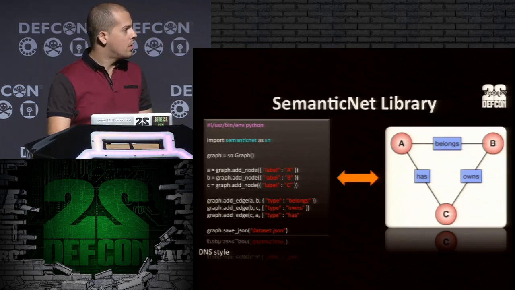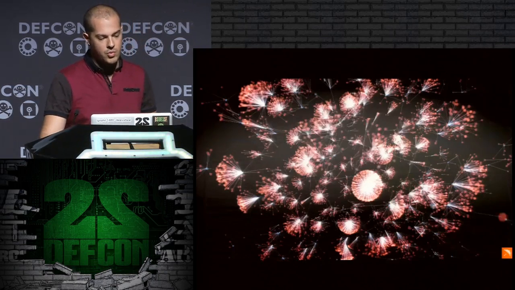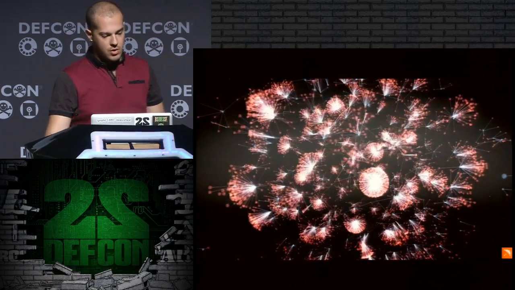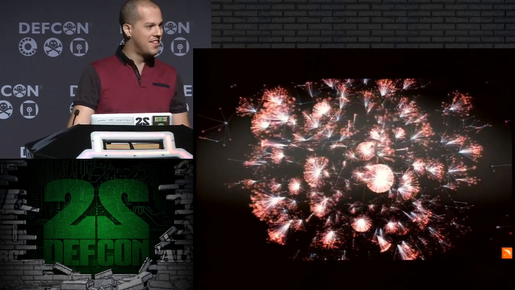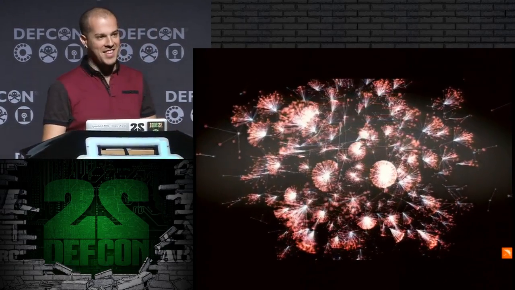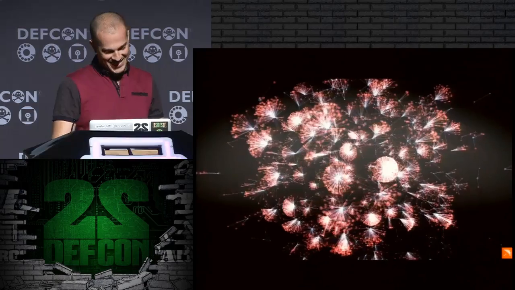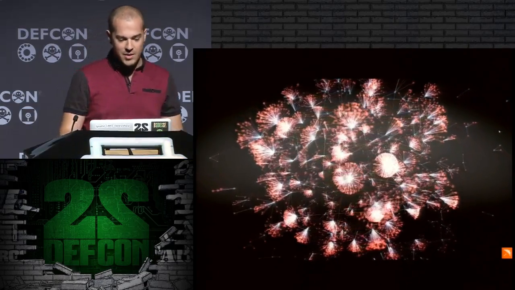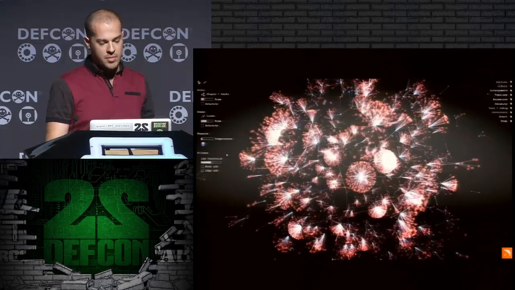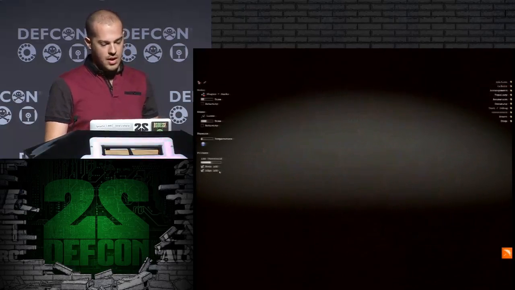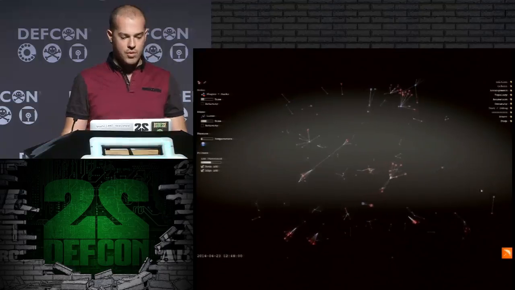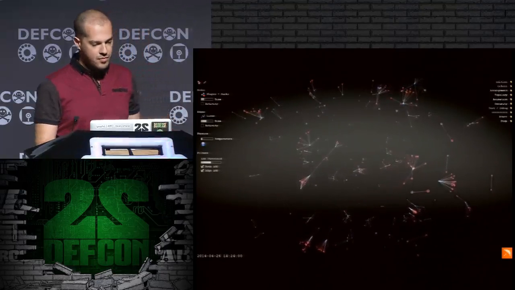Now let's take a look at how it looks once we've extracted this data from the logs. So what we're looking at here are the Zeus CNC domains in red and the IPs in blue. And then finally we can play that animation over time. It's a period of 3 months.